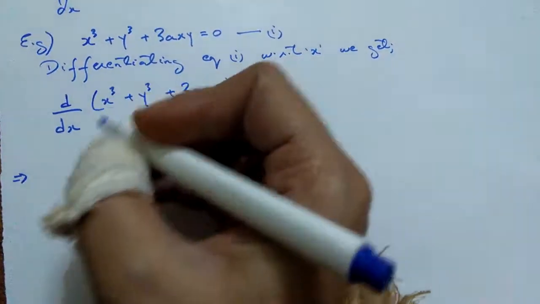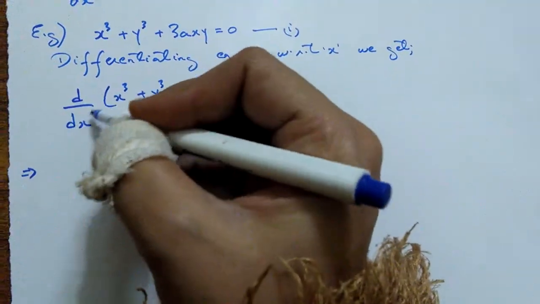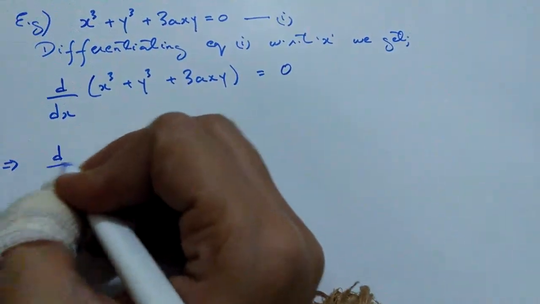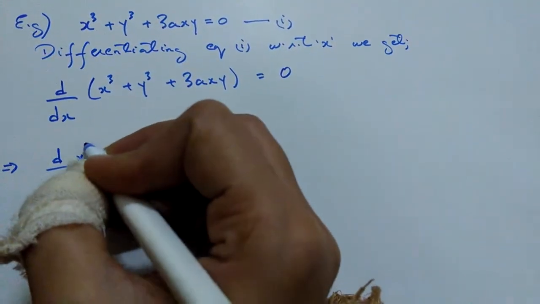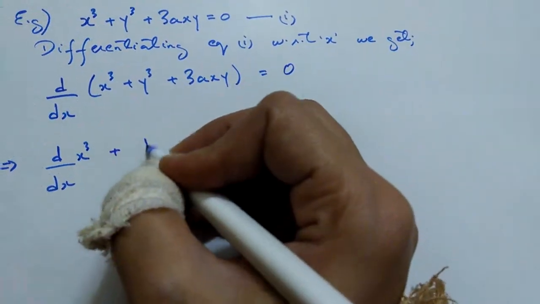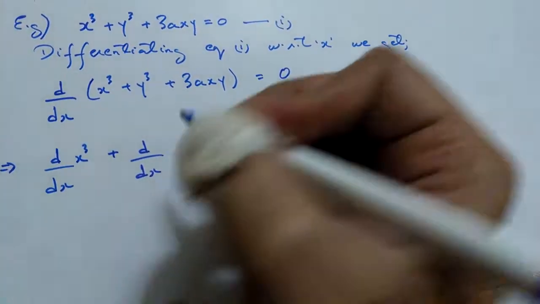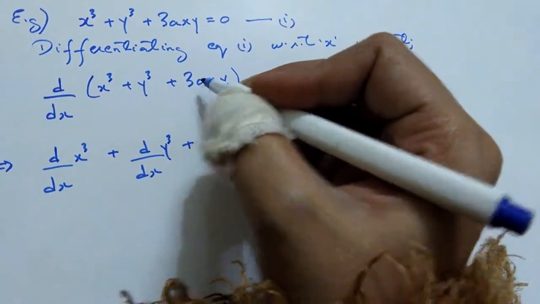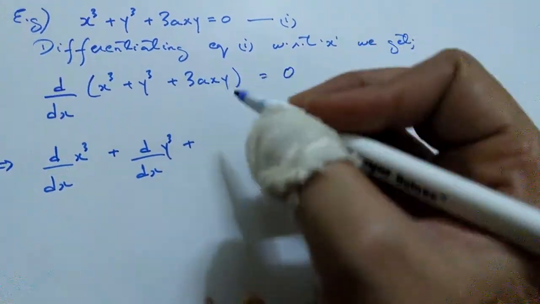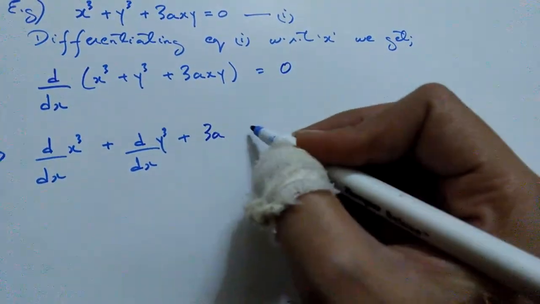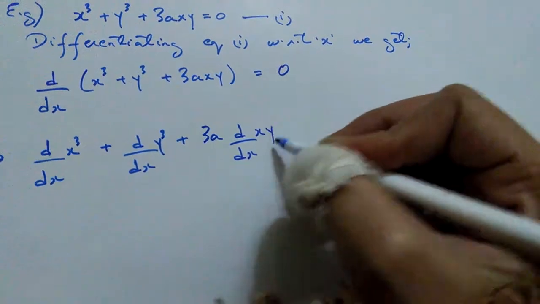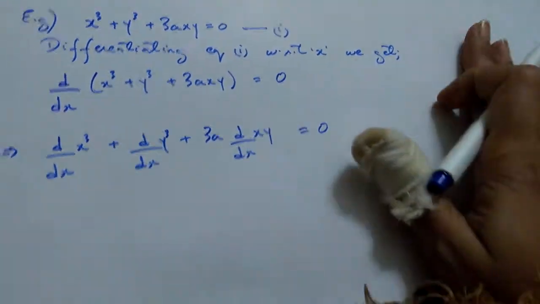Now we are going to apply this differential operator individually to all these three terms. We just have to follow the intrinsic rules of the derivative. 3 and a are constant values, so you just write them outside your differential operator, and over here you simply write xy, and it's 0.